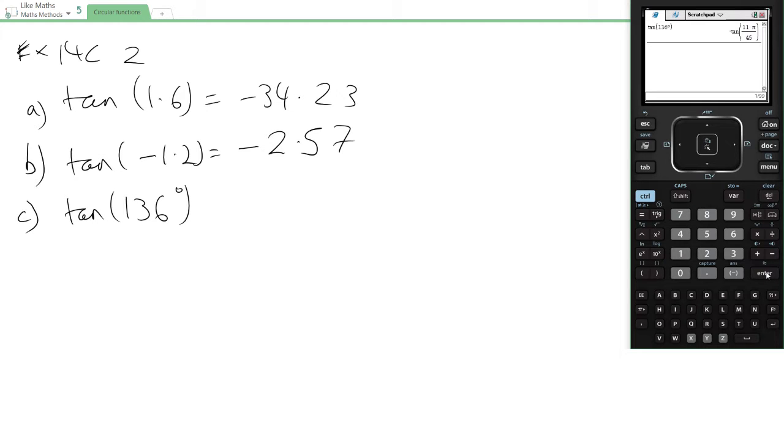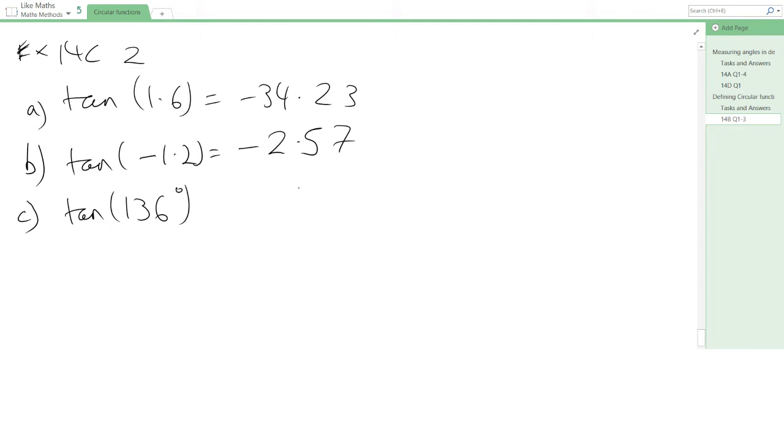So the answer is actually going to be given in radian values, which if you work that out into a decimal will be minus 0.97.